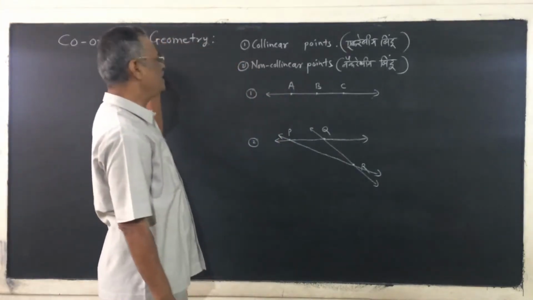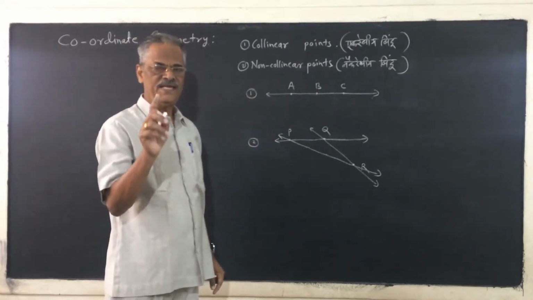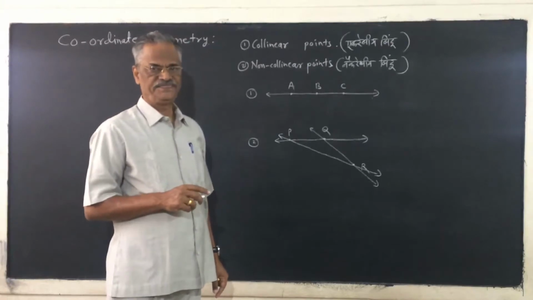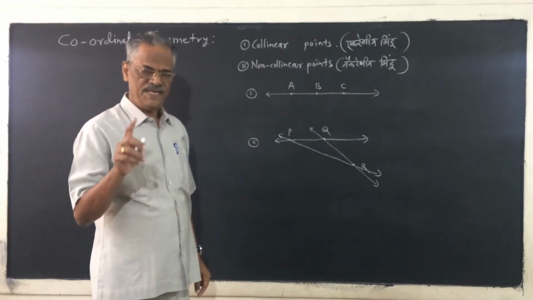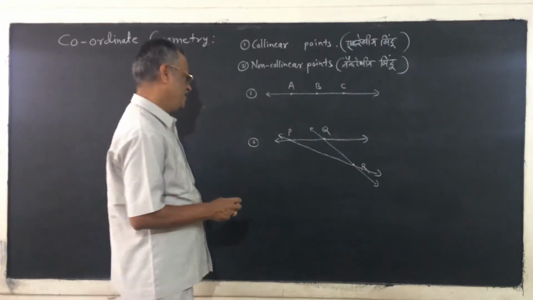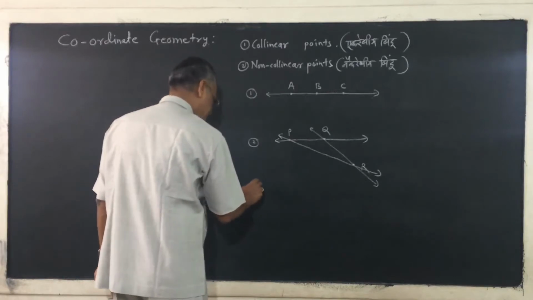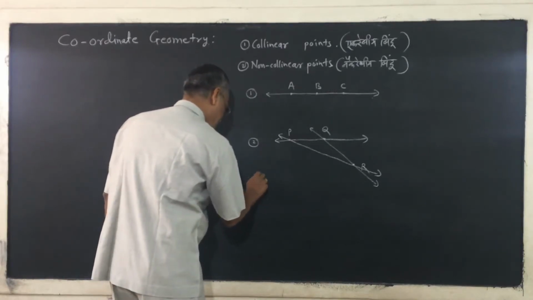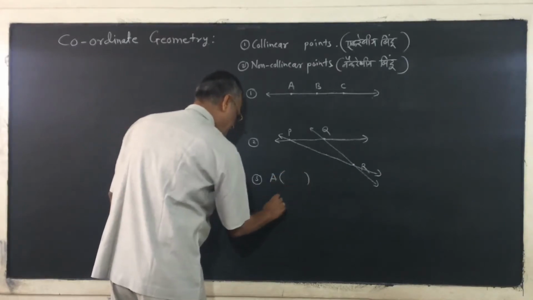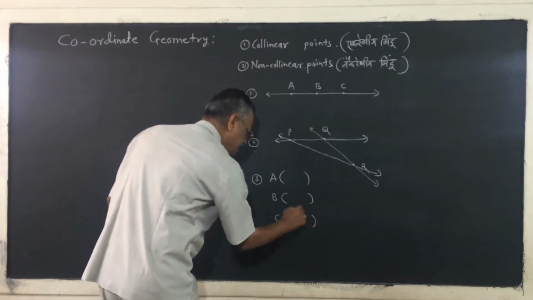So what is the example? In the plane, 3 points are given and coordinates are given. We can see that example. Suppose A point is there, B point is there, and C point is there.